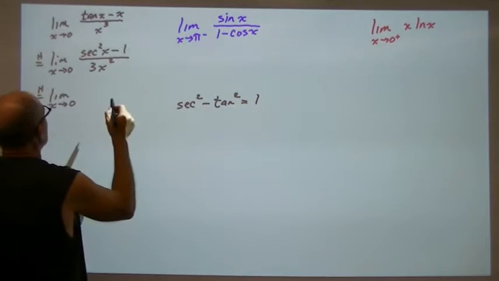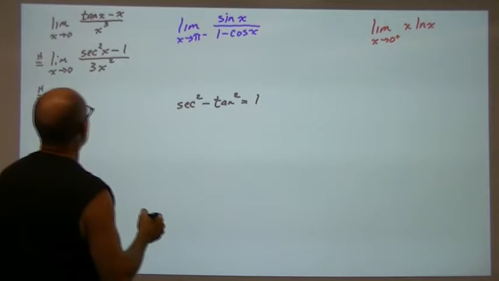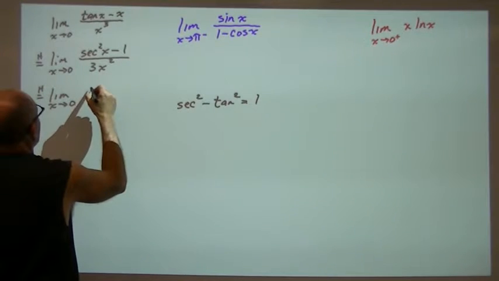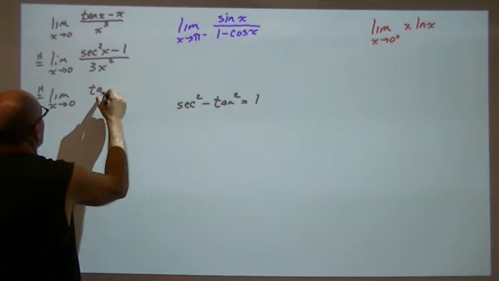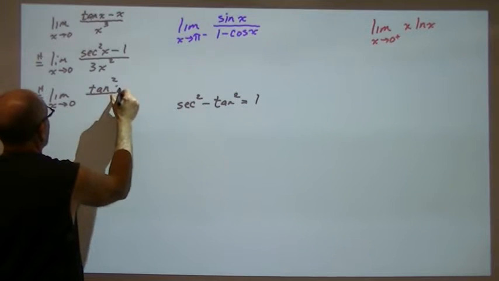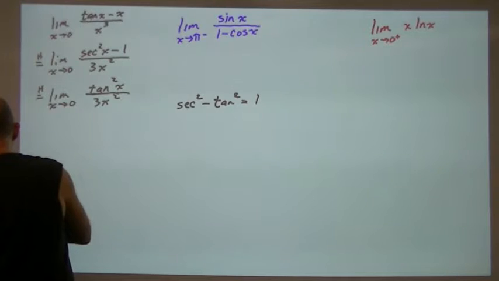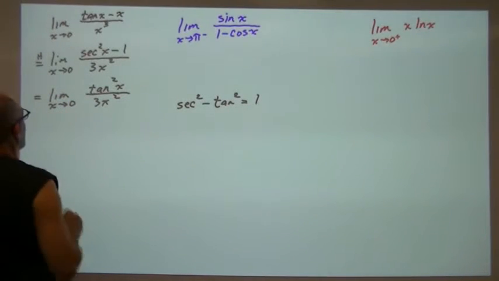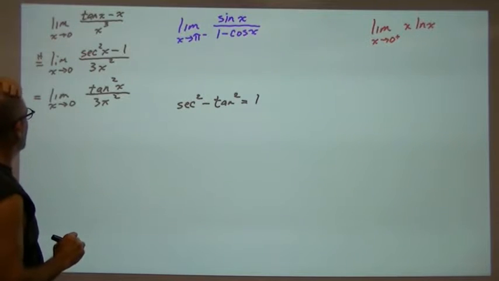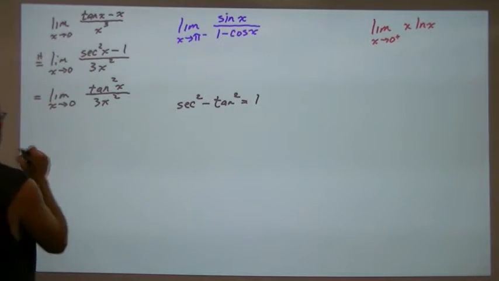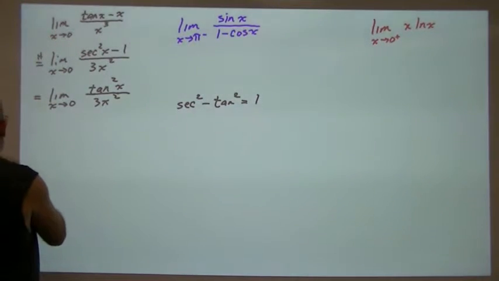So yeah, secant squared minus 1 equals tangent squared. So that means I've got tangent squared x over 3x squared, and I didn't actually use L'Hopital yet. Okay, now, we still have 0 over 0, so we do need L'Hopital.